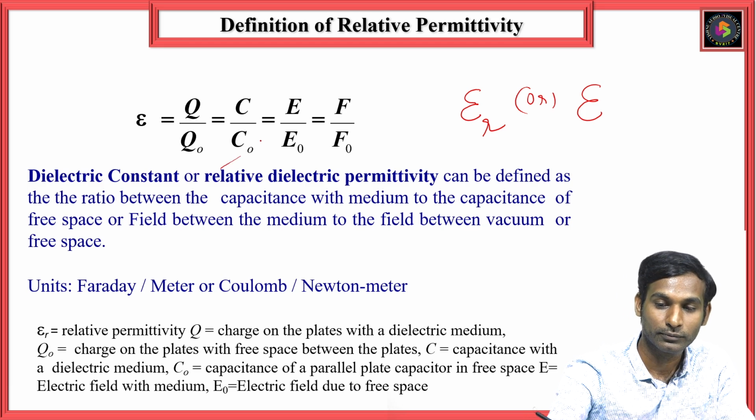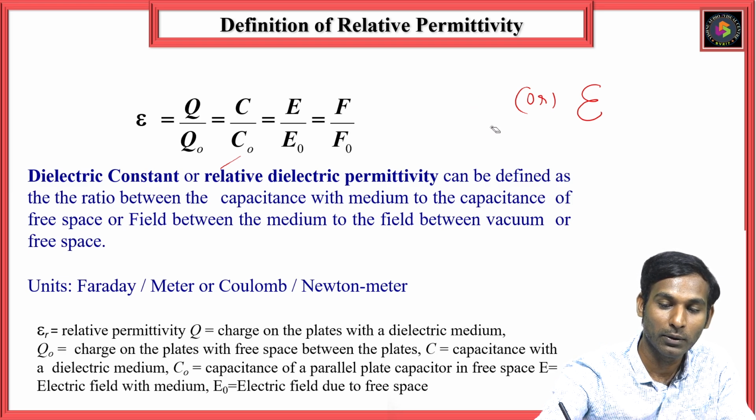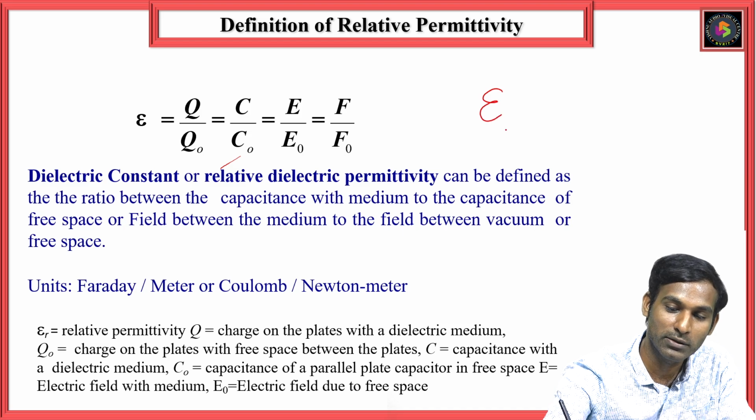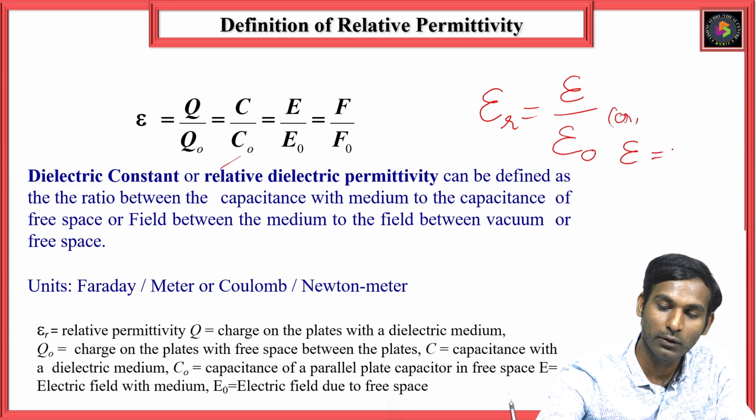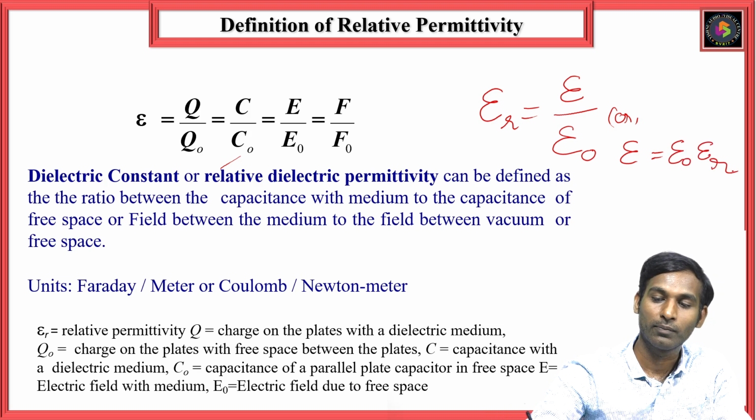That is the dielectric constant definition, and we can define it in one more way. Epsilon R is equal to permittivity divided by permittivity of free space, or dielectric permittivity is equal to permittivity of free space times relative permittivity.